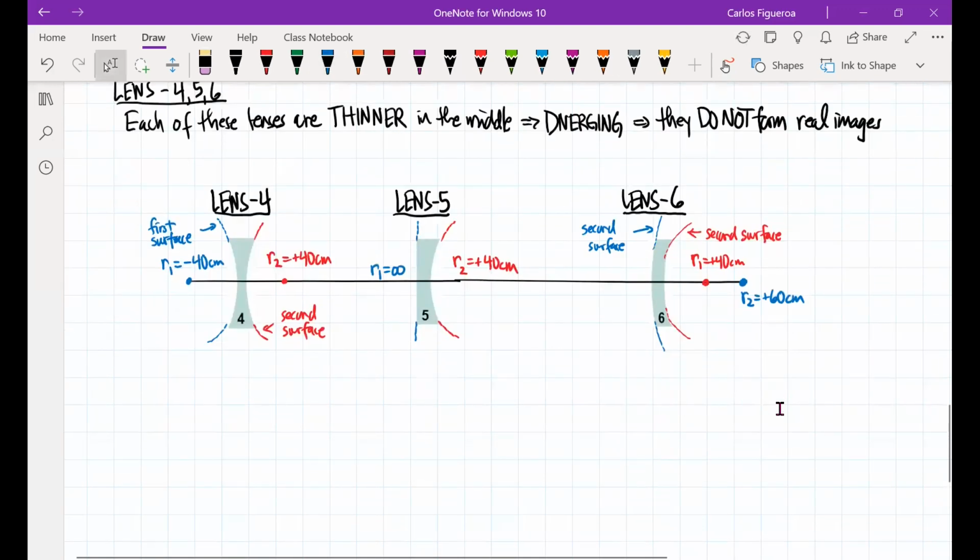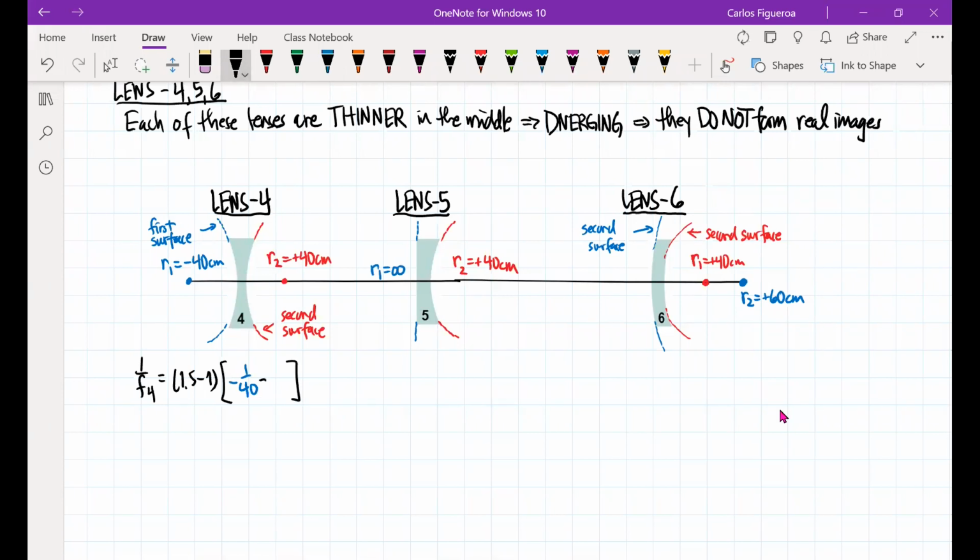So now if I start to do the focal lengths of these guys, I'm going to have 1 over f4. It's then going to be 1.5 minus 1. And then here we go. R1 is negative, so this guy's going to be minus 40 over 1, and then I'm going to get minus a positive 40.